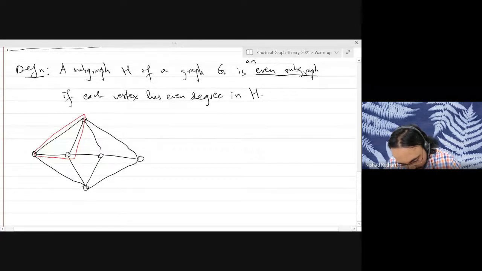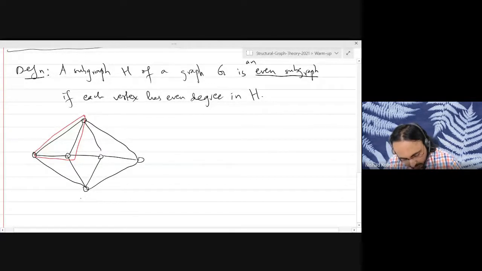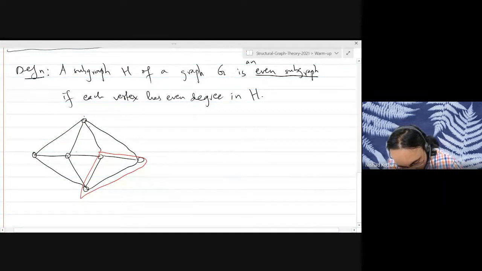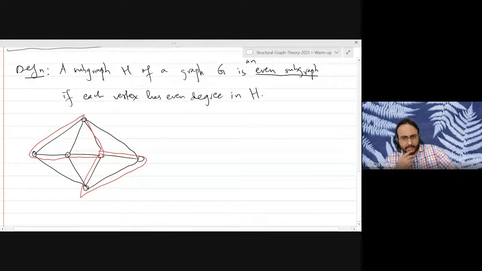Let's say I add this here, okay? If you just look at this subgraph, this is an even subgraph. Alternatively, you could have made it connected as well if you like. This is also an even subgraph. If you look at just the red colored edges, then every vertex is incident with an even number of red colored edges.